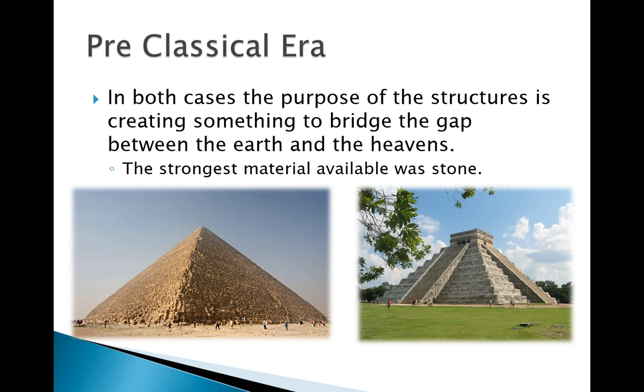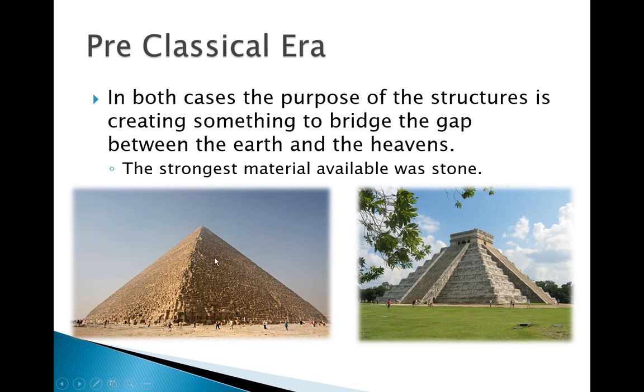Notice that these structures do a couple things. First off, the triangular shape implies a directionality, so it's pointing up. And this is, again, that idea of transcendence. We're pointing from the earthly up into the unknown. Interestingly, a lot of the time the function of these structures was religious in nature.